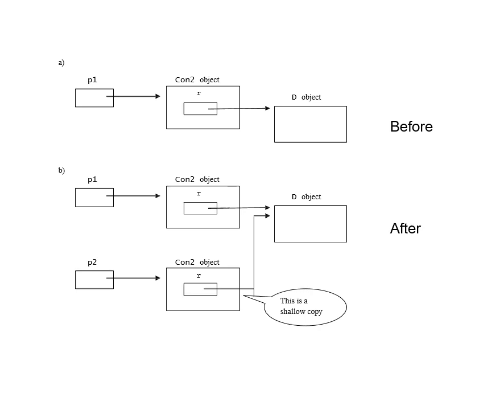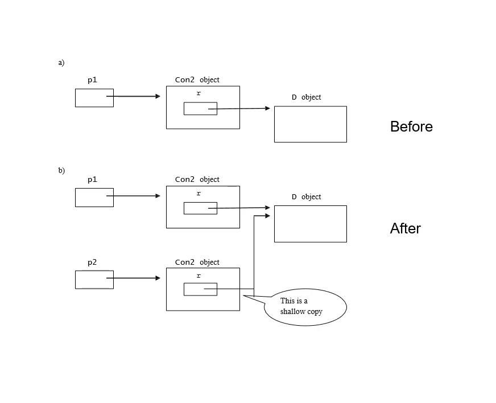So the two objects are not independent. Using P1, you could get to the first Con2 object, and then using R, you can get to the D object and make changes to the D object. But that's also going to change the P2 structure, because the P2 structure is also pointing to that D object. P2 points to the Con2 object, which in turn points to that D object.